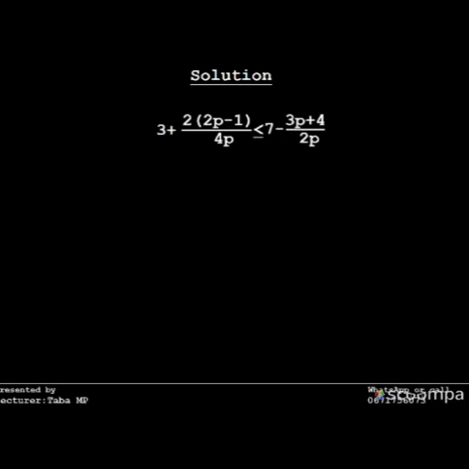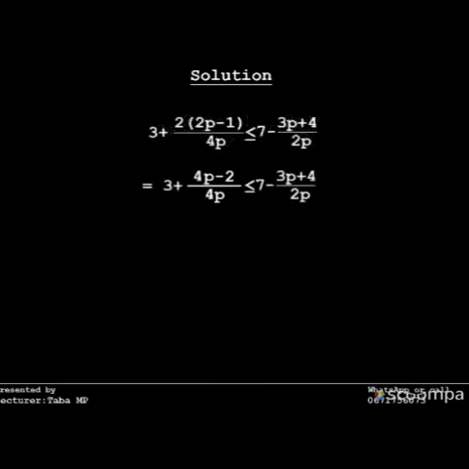After dealing with the brackets, we will have 3 plus 4p minus 2 over 4p is less than or equal to 7 minus 3p plus 4 over 2p. The next step requires us to consider adding up the terms on both sides of the inequality sign. On the left-hand side, we have to add 3 and 4p minus 2 over 4p. The best way of adding the terms is to use the lowest common denominator since the other term is a fraction.